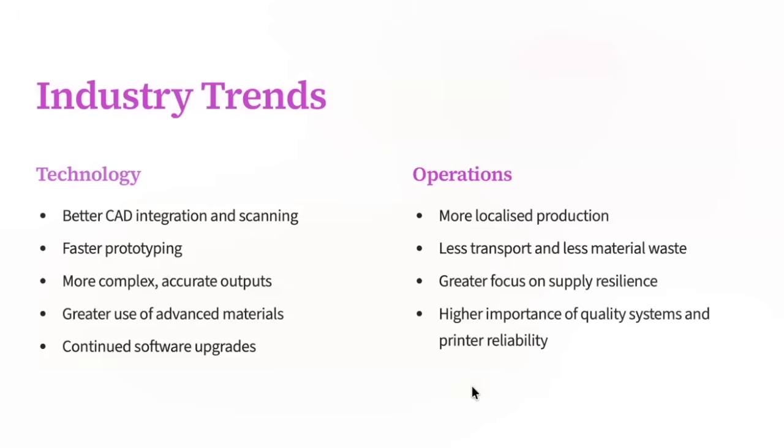And also there's a high level of importance on quality systems and ensuring printer reliability, especially for the type of printers which are used in commercial settings. For instance, if you look at 3D printers being used in the medical sector, if there's some type of defective organ manufactured by a 3D printer, then the patient will not live.